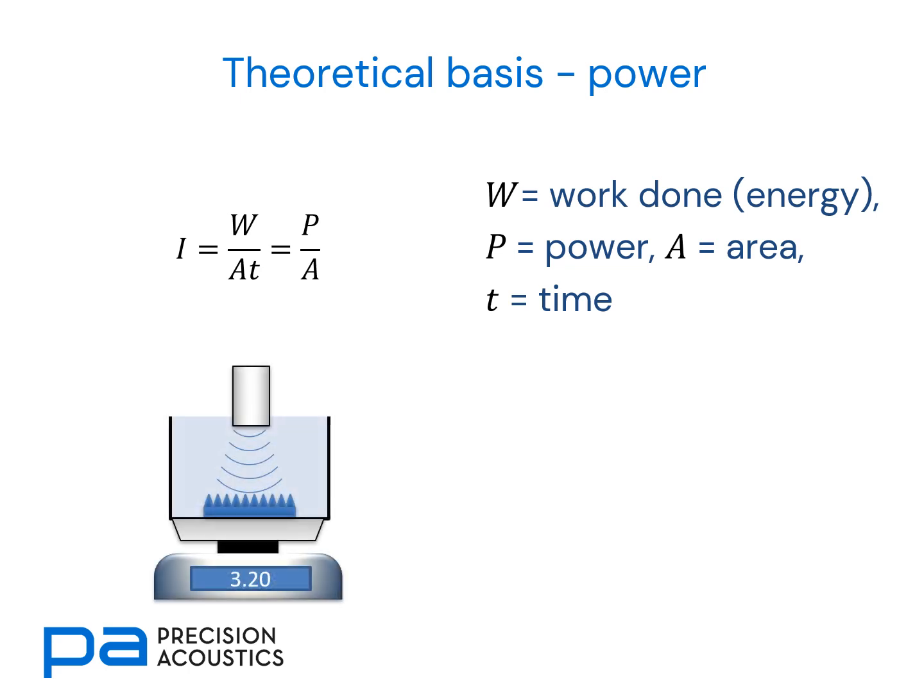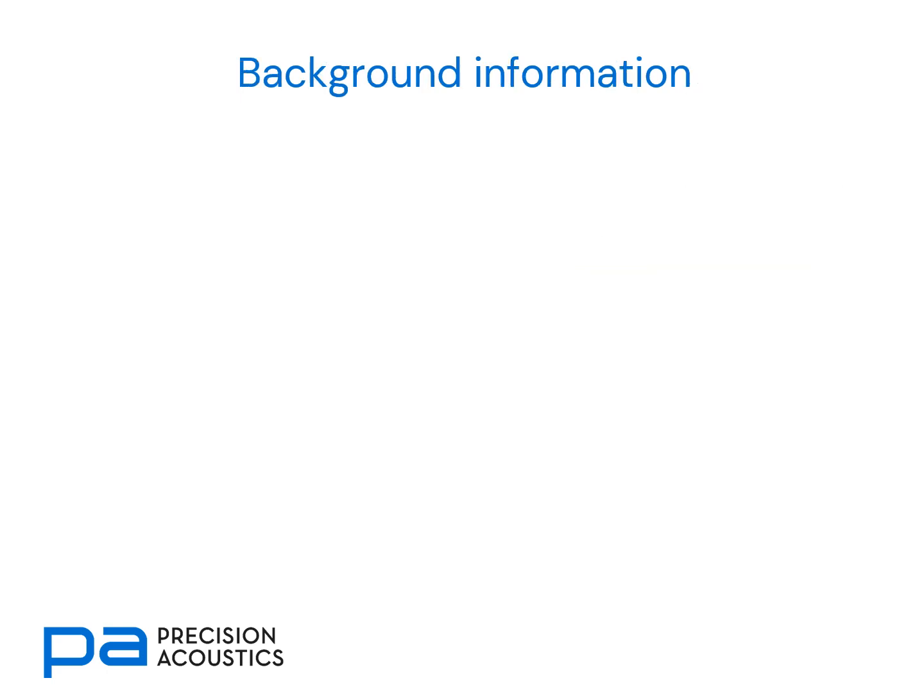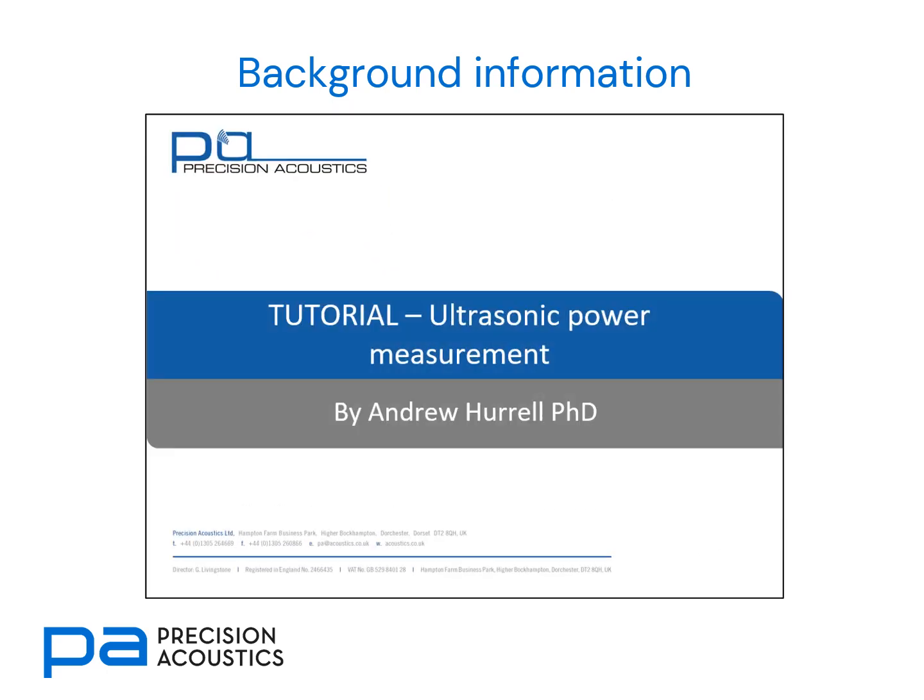We can measure power directly with a radiation force balance. And for those people unfamiliar with radiation force balances, there is some useful background information on another tutorial video in this series labelled Ultrasonic Power Measurement, which can be found at both the Precision Acoustics website and on our YouTube channel.